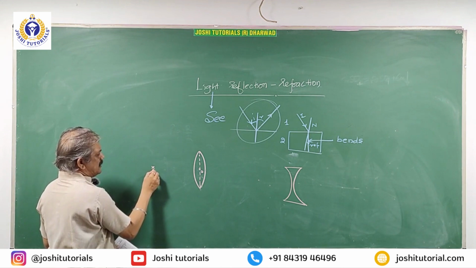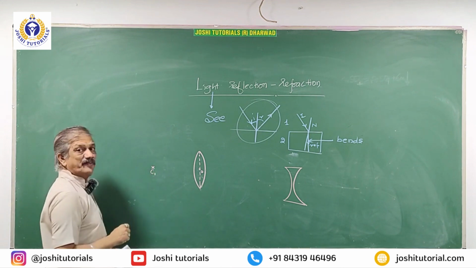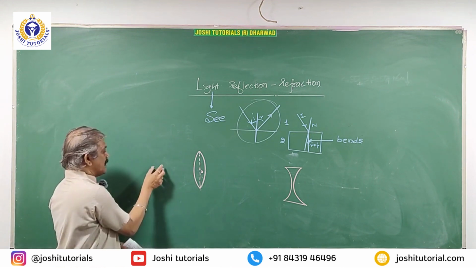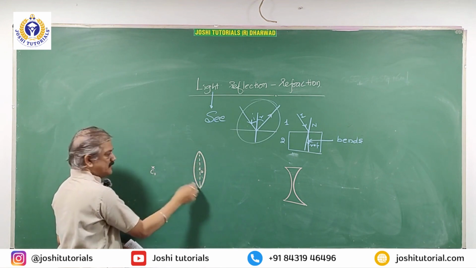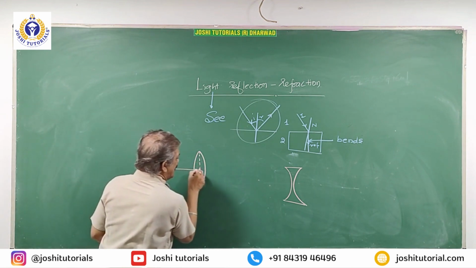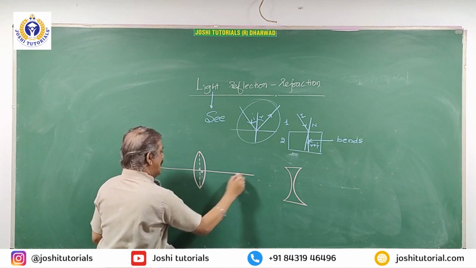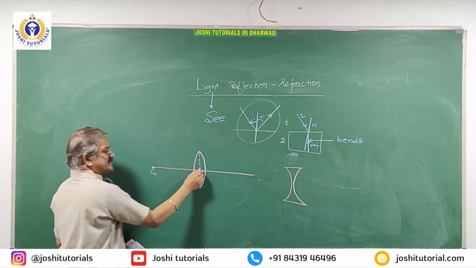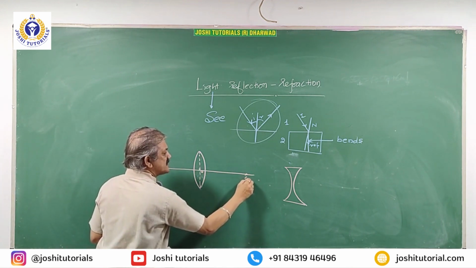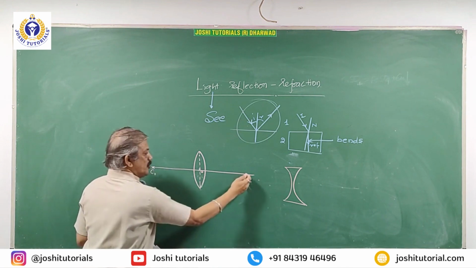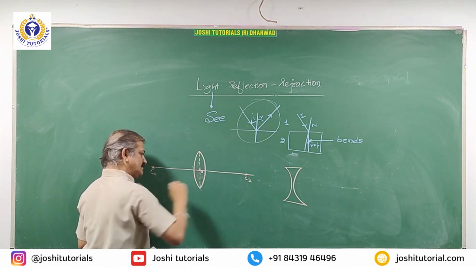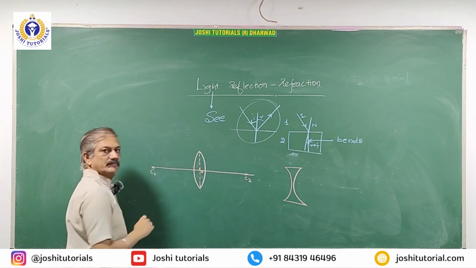Here you can take C1, I mean center of curvature. You can draw this part and draw a straight line, and the same distance, suppose 6 centimeter, here also, C2. You can draw this curve.